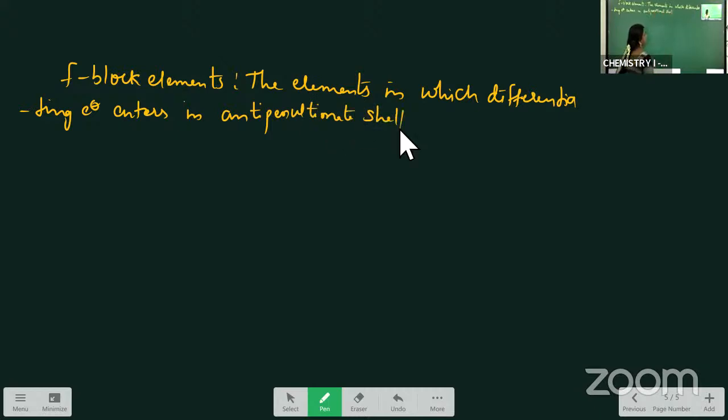What is this anti-penultimate shell? (n-2)f is called the anti-penultimate shell.